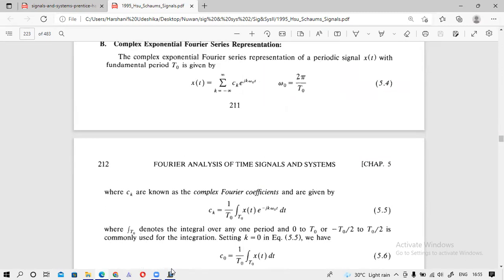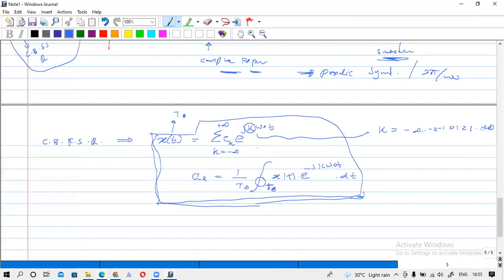I think I have written the correct form: Ck e to the power jk omega naught t, with Ck equal to 1 by T naught times the integral within T naught of x(t) e to the power minus jk omega naught t. This is the complex exponential Fourier series representation. I will do some questions related to this and you will understand. We will use these two or three identities within our whole LO3 content.